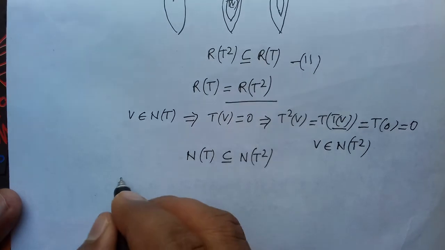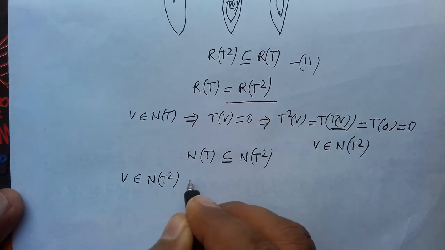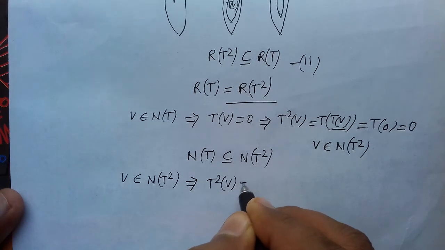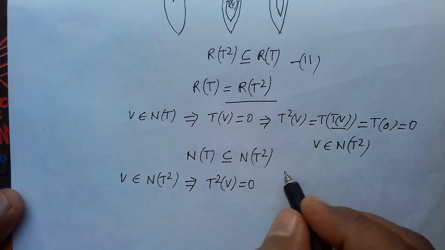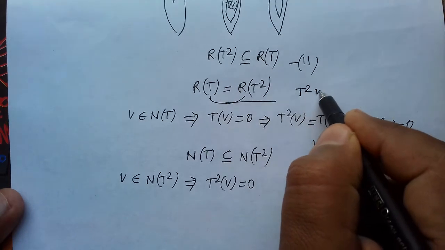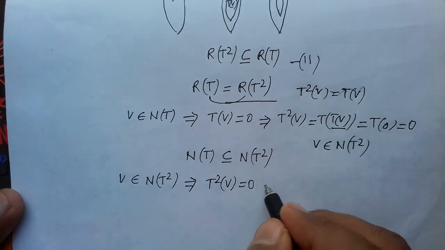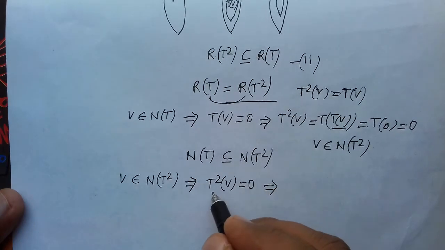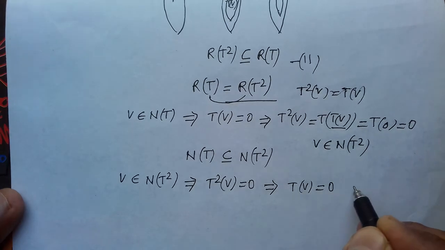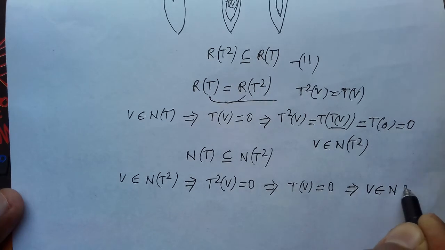Suppose this time a vector V belongs to NT squared. This leads us to T squared V equals 0. And from this relation, T squared V equals TV, so putting TV in place of T squared V, TV will be 0. This means that V is a member of NT.